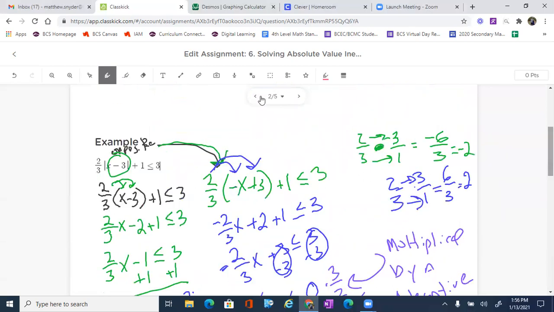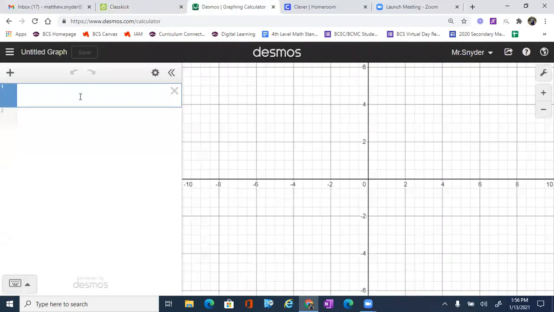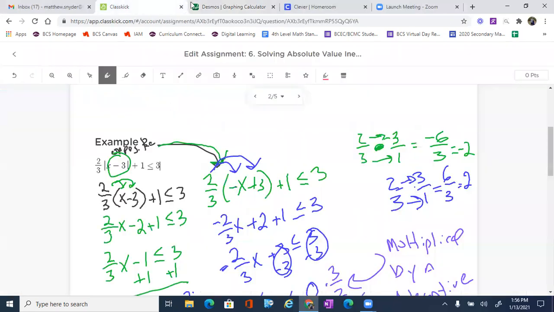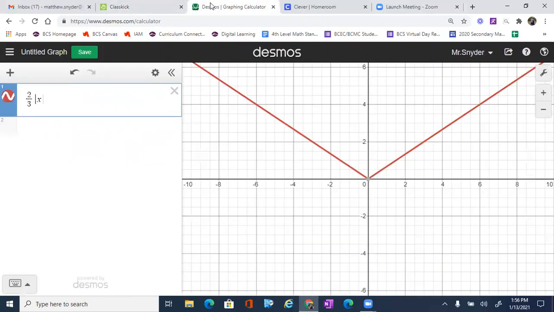Hopefully that's helped you out. I'm going to go ahead and throw this on the graph. So let's go over here. I'm going to type in 2/3, absolute value of x minus 3, plus 1.